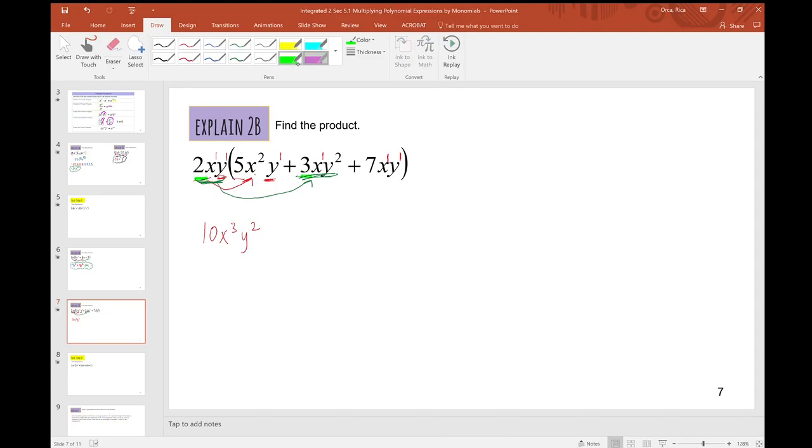So 2 times 3 is 6, and x to the first times x to the first is x squared. Y to the first times y squared is y to the third. Moving on to our last term. 2 times 7 is 14. X to the first times x to the first is x squared. Y to the first times y to the first is y squared. And that's our answer.